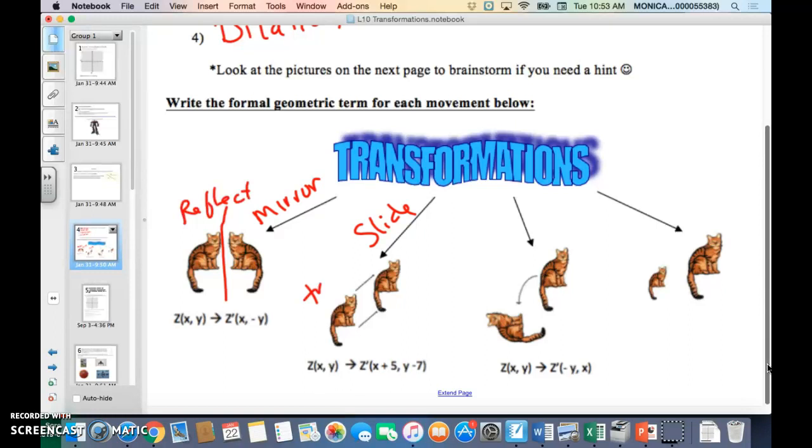That's translate. Rotate is a turn. So you should get an angle out of it. And change in size, that would be a dilation. So think of your eyes, that's a dilation. When you take a picture, when you take a selfie, that's also a dilation.